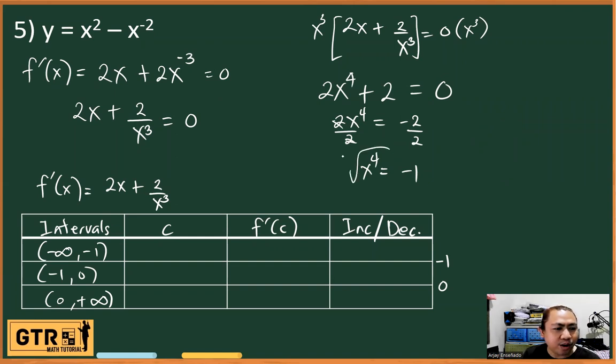Take the fourth root of both sides. x is equal to an imaginary number, so we have plus or minus i. So therefore, wala tayong interval dito. So isa-solve lang natin if this is increasing or decreasing. So walang critical point.